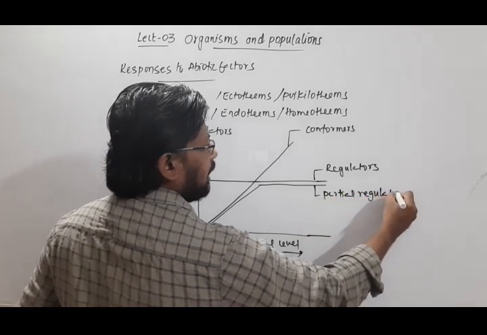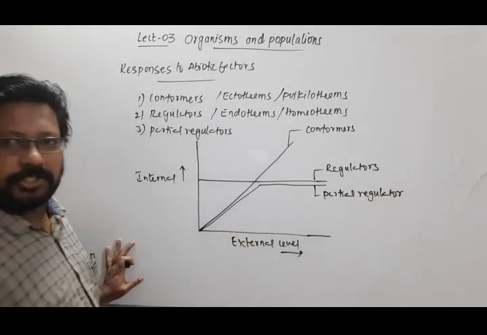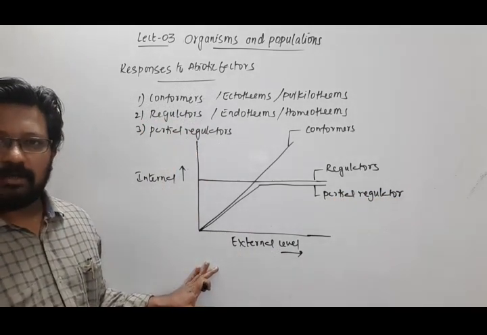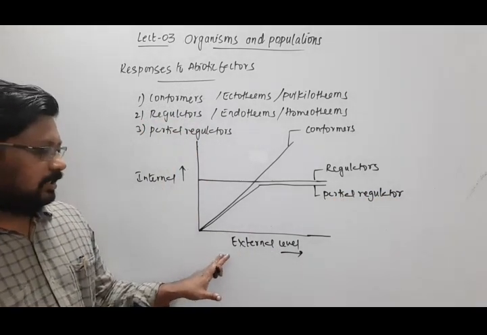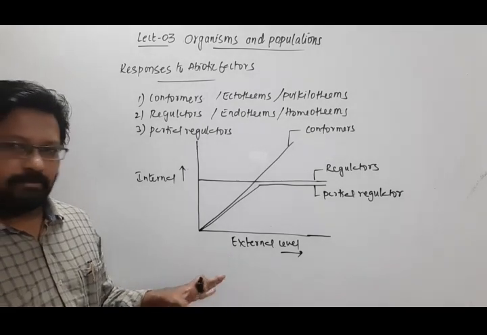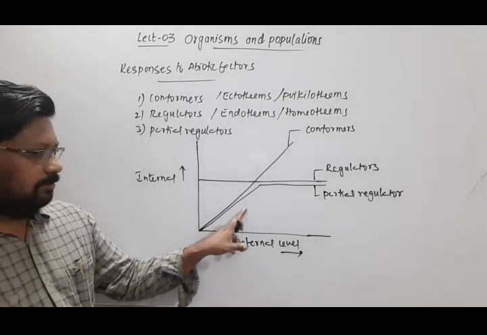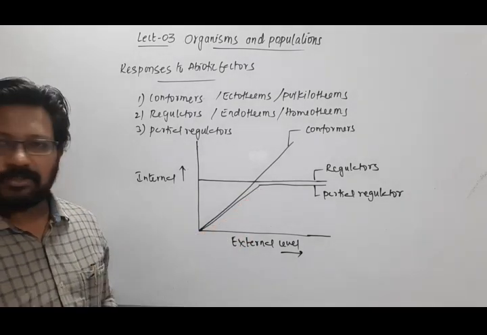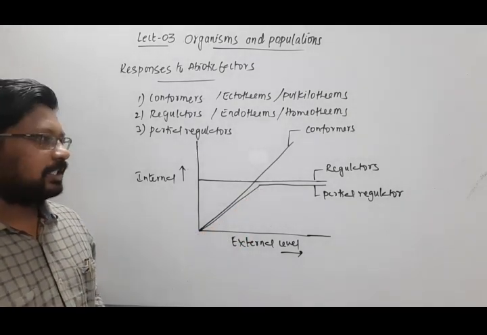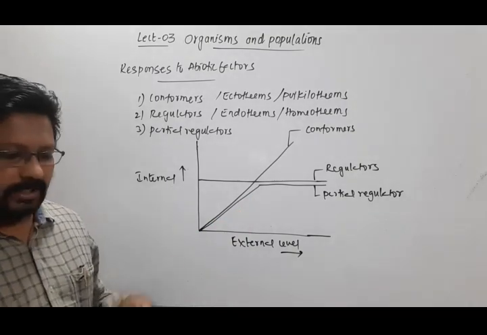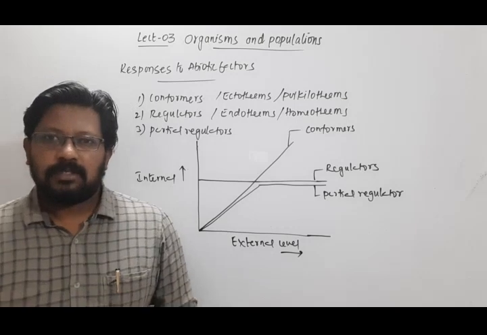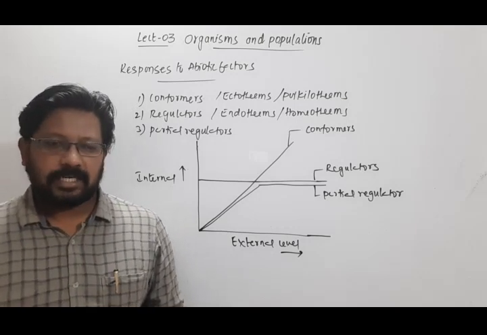Here I have taken the example of temperature for this external level. So when the ambient temperature increases, its body temperature also increases to a certain extent, and after that it's going to maintain a constant internal environment. Say suppose we see in case of camels. So camels are examples in that case.